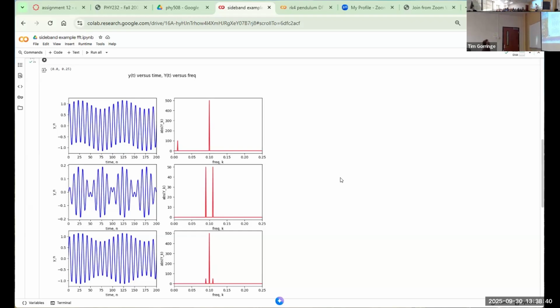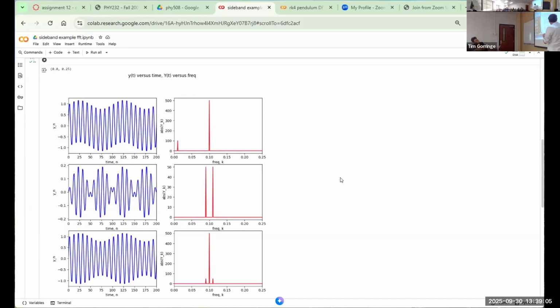So when we added them, what does the Fourier transform look like? If you just add two sine waves together, in the Fourier transform you're just going to see those two sine waves. So that's what we see here, these two peaks. When you multiply them, what do you see? What you see is what we would call sidebands.